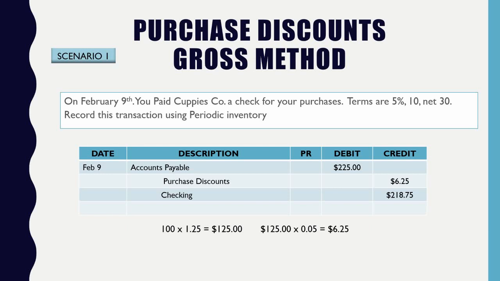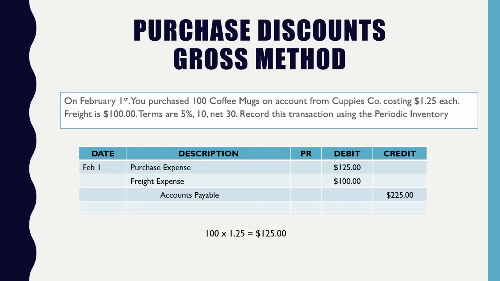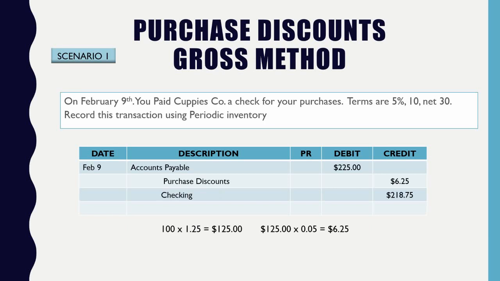Okay? So again, purchase discounts, it reduces your original one, which is your purchase expense. So in this case, it flows in the opposite direction, right? Because if you remember, purchase expense is debited. So in this case, a purchase discount is going to decrease my purchase expense, right? And it's going to be on the credit side.